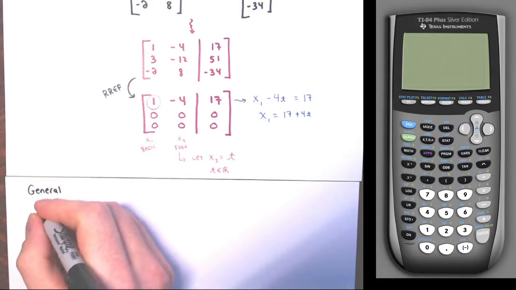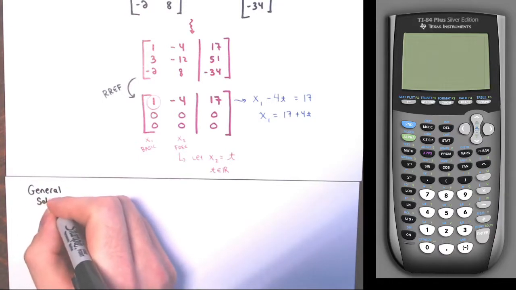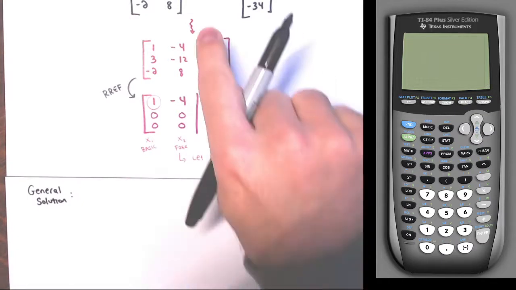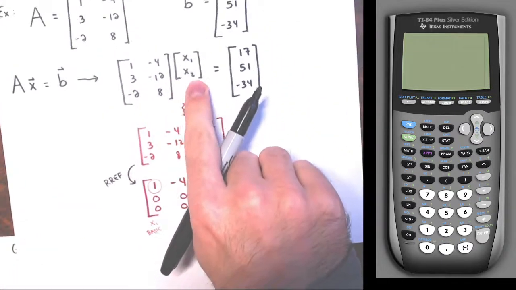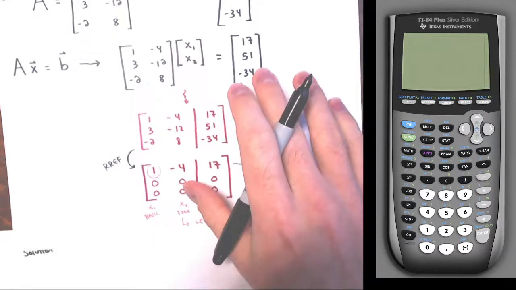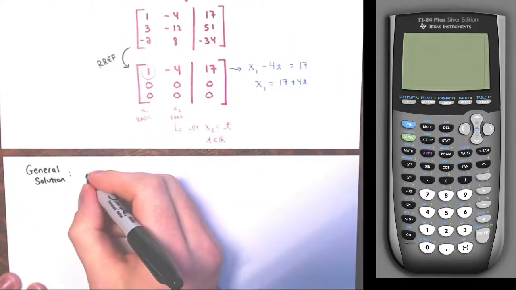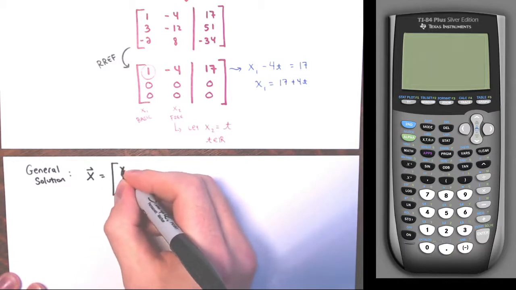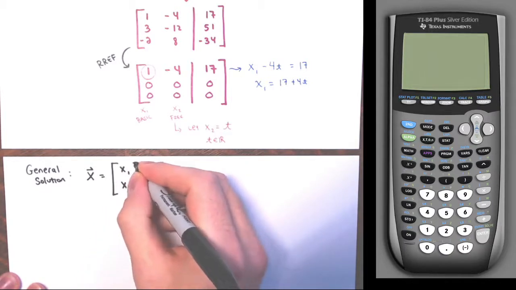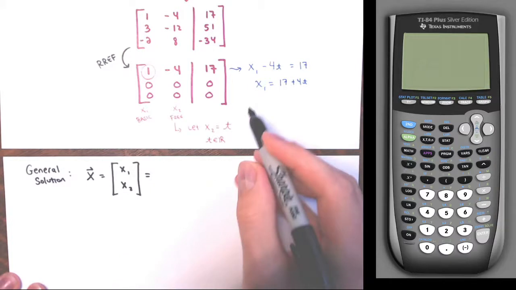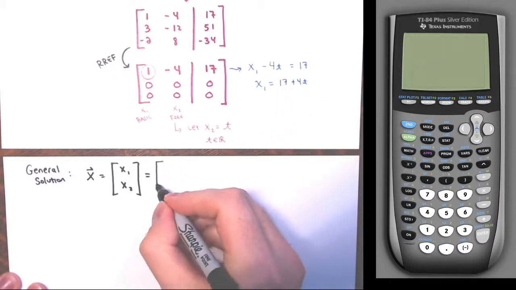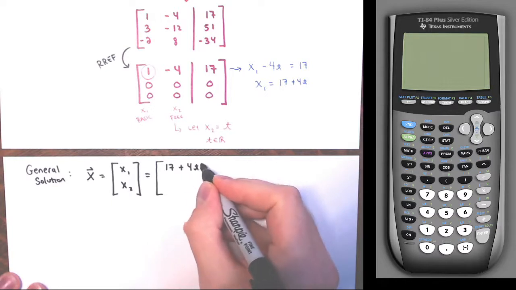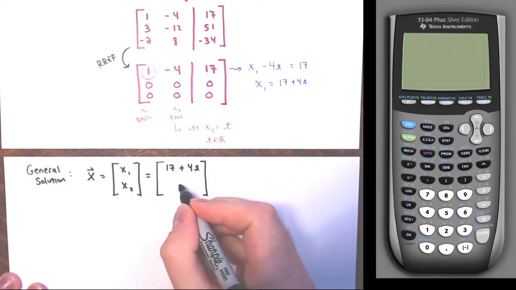So the general solution, the description of all the solutions of this system, what can I replace x1 and x2 with, is the following. I can replace this vector x, this x1, x2, with x1 is 17 plus 4t, and x2 is simply t.